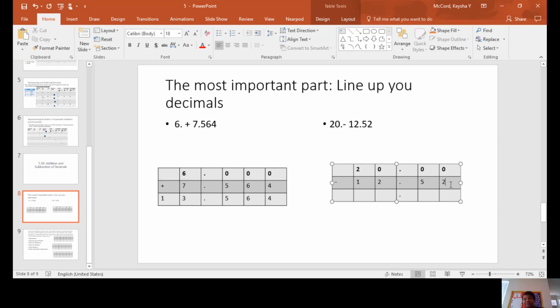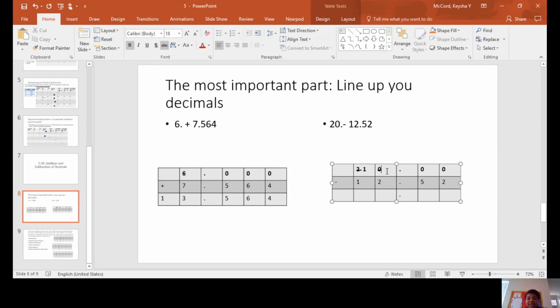Now I can subtract. Well, I know I cannot do 2 minus 0. I can't do 5 minus 0, and I can't do 2 minus 0. So I need to borrow, and this is going to become a 1. This is no longer a 0.